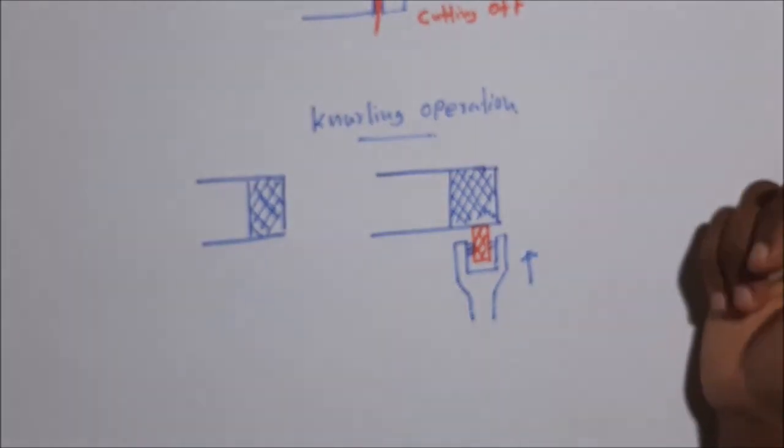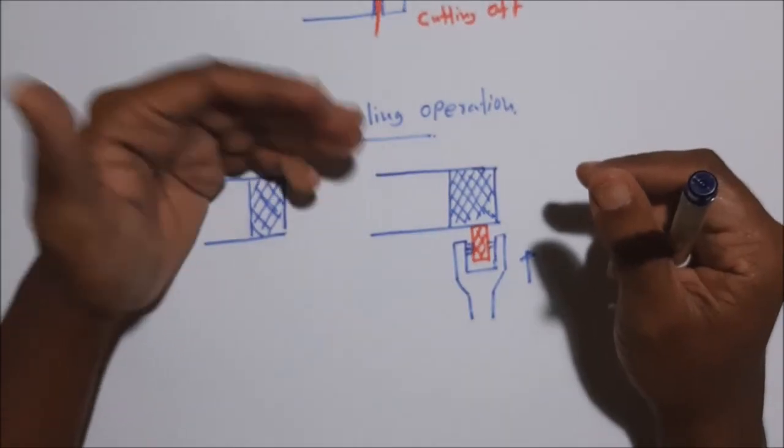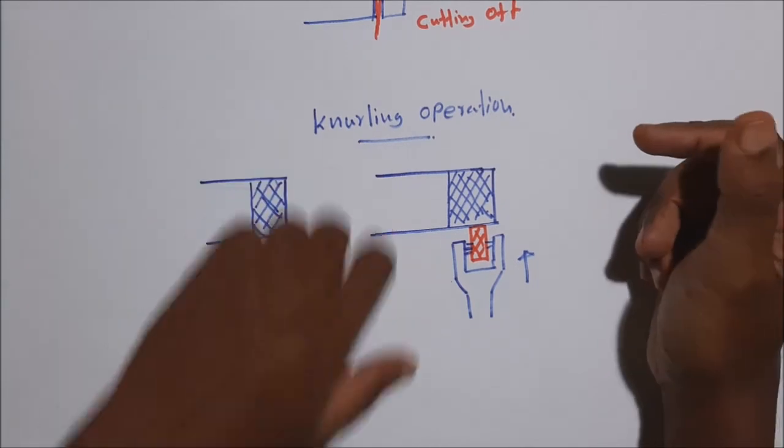This is called the knurling operation. Especially hand tightening screws and conveyor rollers are roughened using this knurling operation.